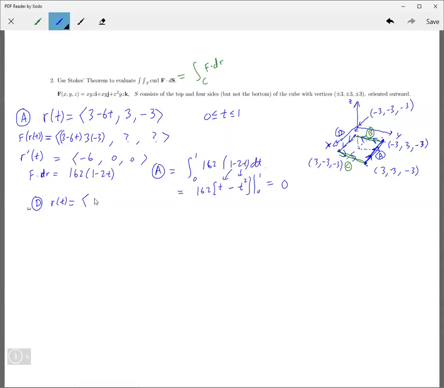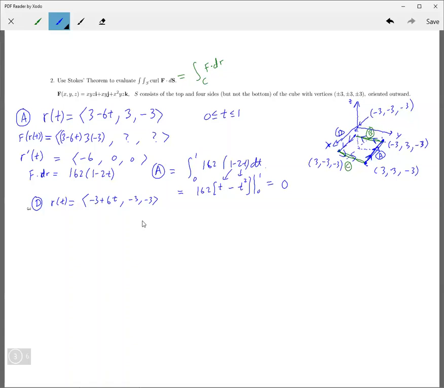So the X component is going to be negative 3 plus 6t. That way when t is 0, you get negative 3, and when t is 1, you get negative 3 plus 6, which is 3. And then these two are negative 3 and negative 3.